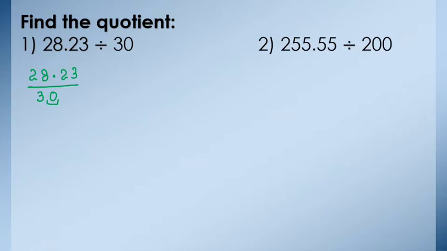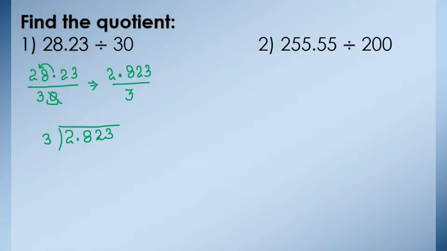So we can shift this decimal one place to the left and remove this 0. It can be written as 2.823 divided by 3. So we have reduced the divisor from 30 to 3. Now we can divide 2.823 by 3.